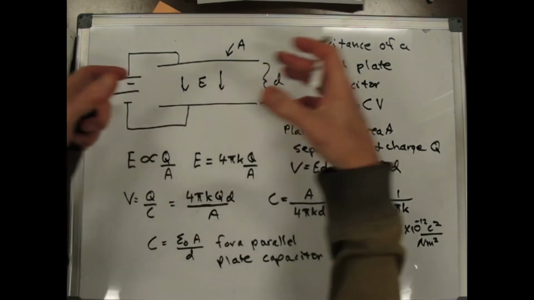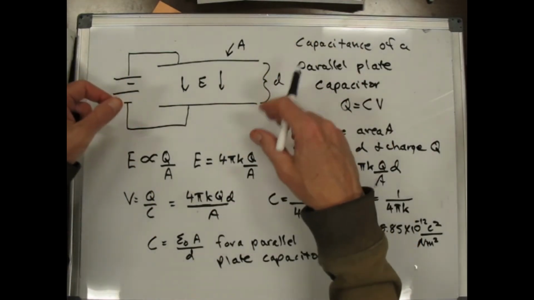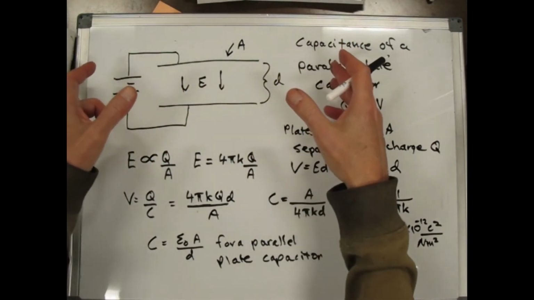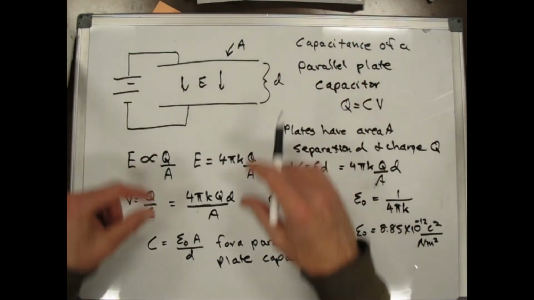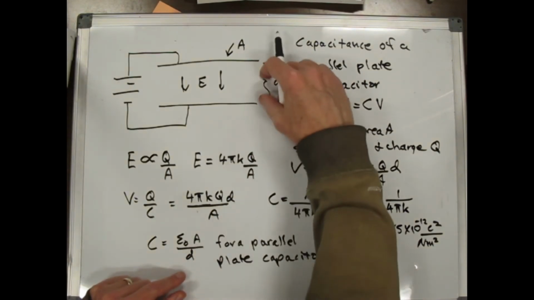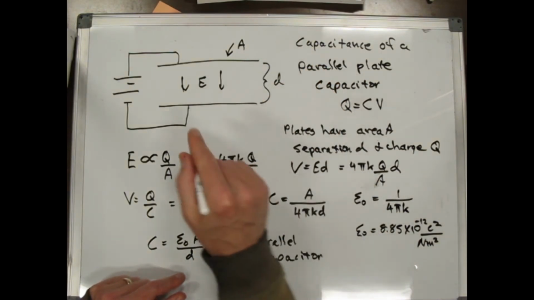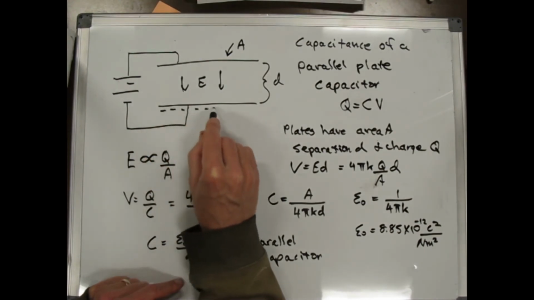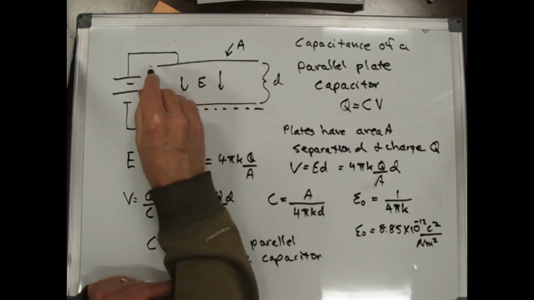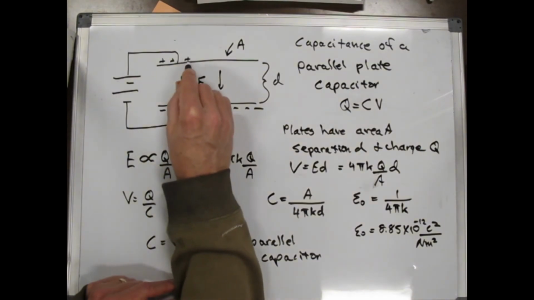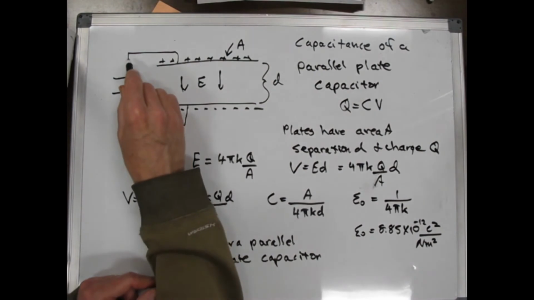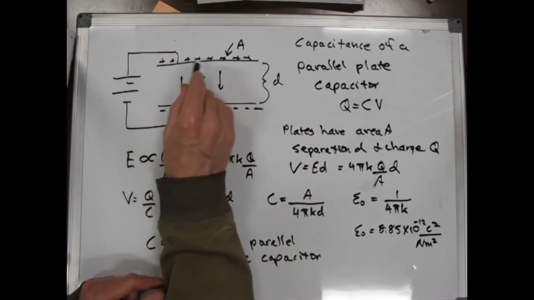In other words, the bigger the area, the more charge you can pack on there for a given voltage. And that sort of makes sense because the charges can spread out a little bit and get away from each other. Similarly, the smaller the plate separation, the more charges you can put on there. That makes sense too, because if I have a whole bunch of minus signs here and a whole bunch of plus signs up here, when I bring an extra positive charge on, it's repelled by these guys.